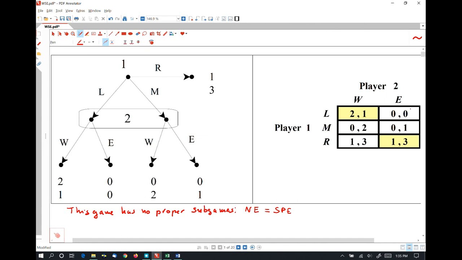And to find a Nash equilibrium, I'll circle in each column the largest payoff of player 1, and in each row the largest payoff of player 2. That would be 1 in the first row, 2 in the second row. There are 2 instances of 3 in the third row. And then any cell where both payoffs have been circled or highlighted is a Nash equilibrium.